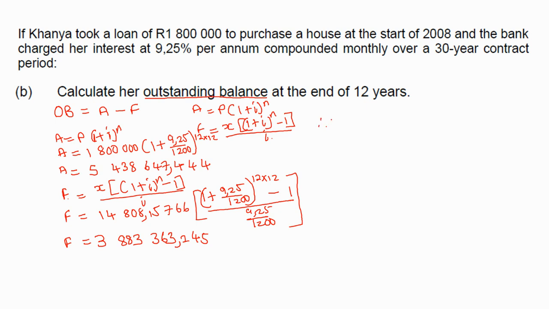Therefore, the outstanding balance is going to be A, which is this value, minus F, which is this value.